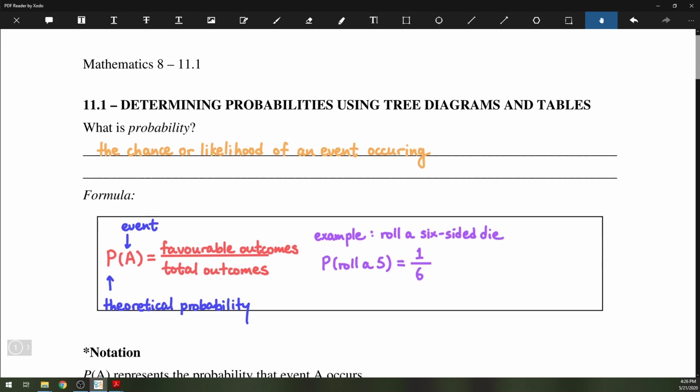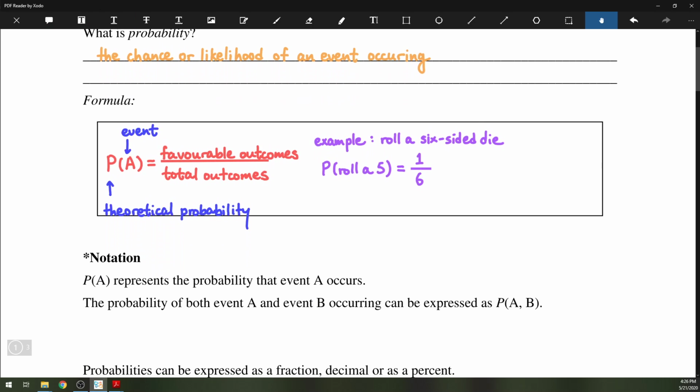Okay, so that's the simple introduction to the idea. So we'll be looking at ways to count the favorable outcomes and the total outcomes using tree diagrams and tables today.